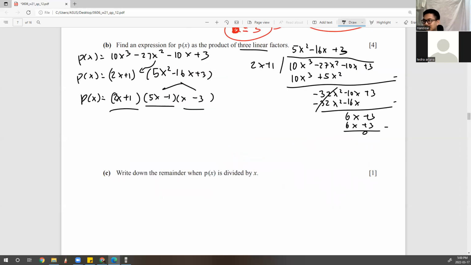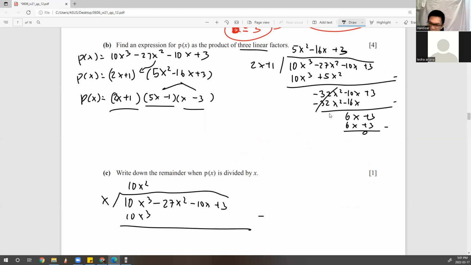Okay, one more. Write down the remainder when p is divided by x. Okay, p is divided by x. So 10x cubed minus 27x squared minus 10x plus 3. You divide by x, right? Okay, 10x squared, 10x cubed. Negative 27x squared minus 10x plus 3, minus 27x, right?